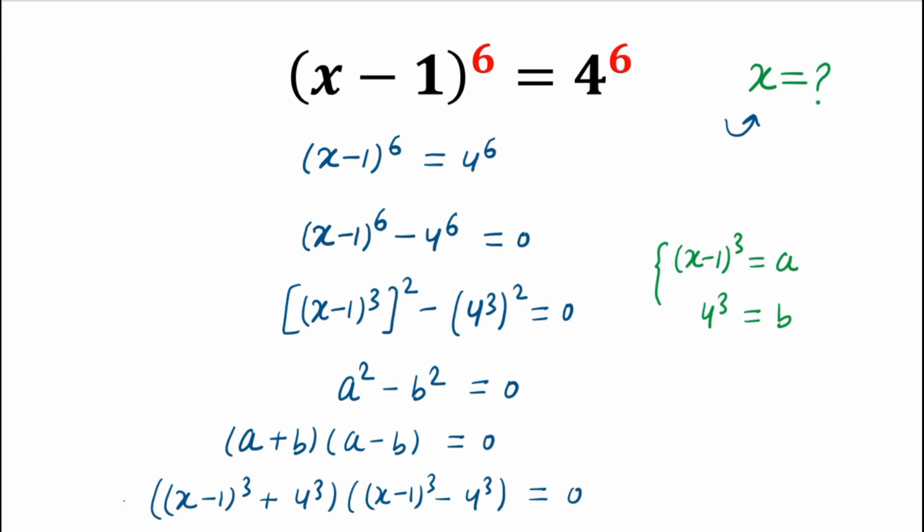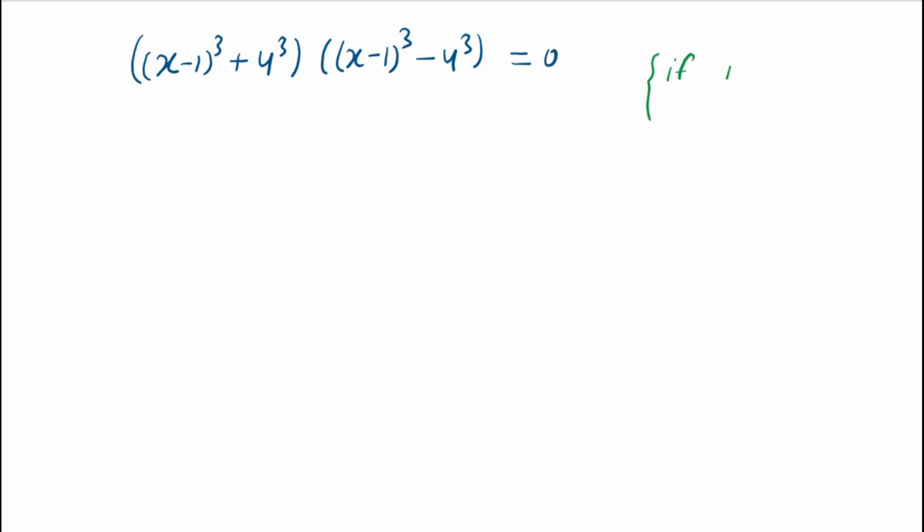Here first we will write this expression on the next line. ((x - 1)^3 + 4^3) multiplied by ((x - 1)^3 - 4^3) equals 0. Now here we will apply this rule: if a times b equals 0, this implies a equals 0 or b equals 0.